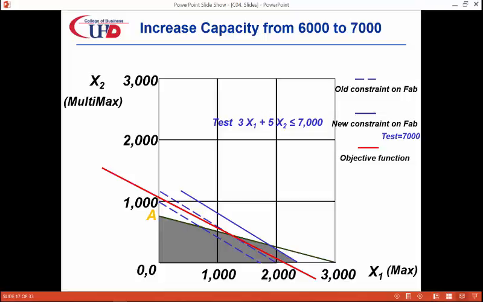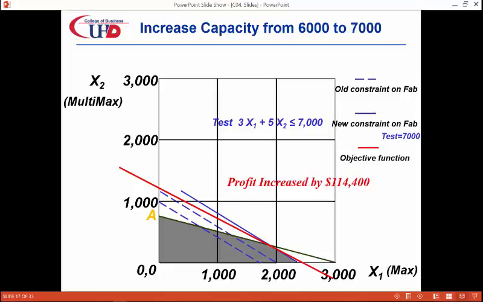Now we have to move up our isoprofit line until it touches the new corner point. That is our new optimal solution at which you can find both testing and assembly hours are fully used. And if you calculate everything out, you will see the profit is increased by another $114 and $400.